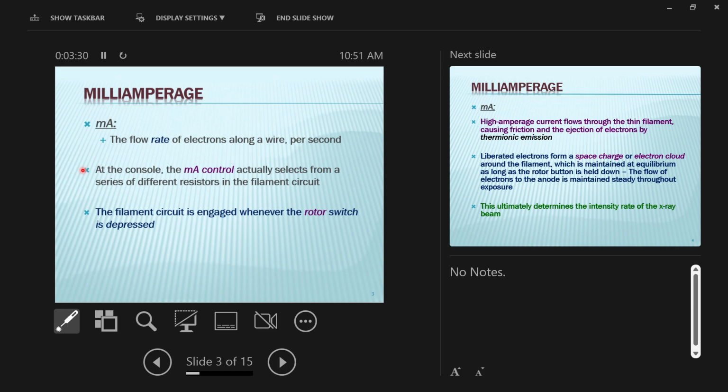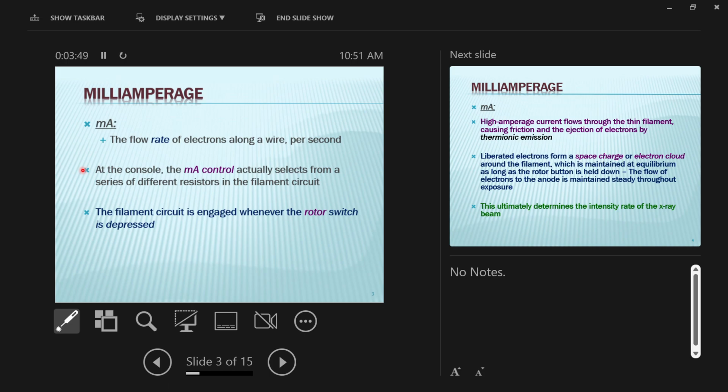If you fix this number, voltage, if it can't change, then if resistance goes up, amperage must go down, okay? And if resistance goes down, amperage must go up, okay? There's an inverse relationship.